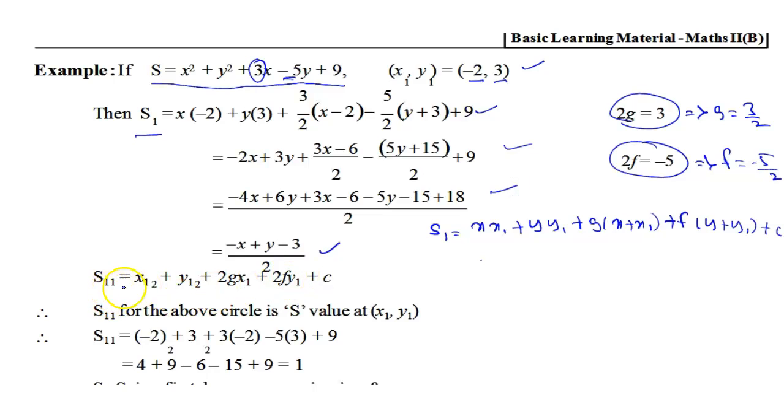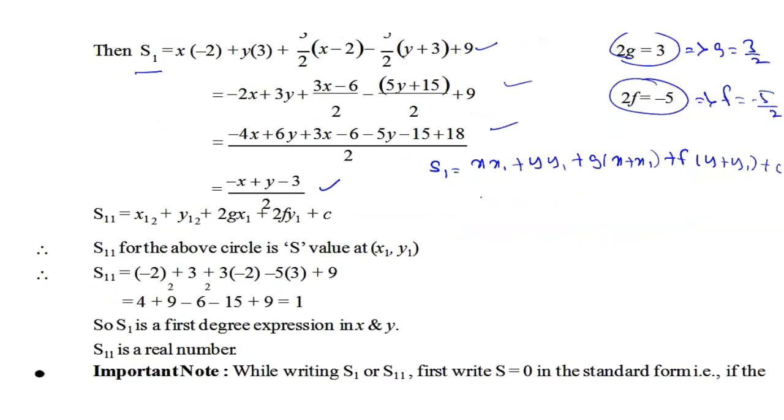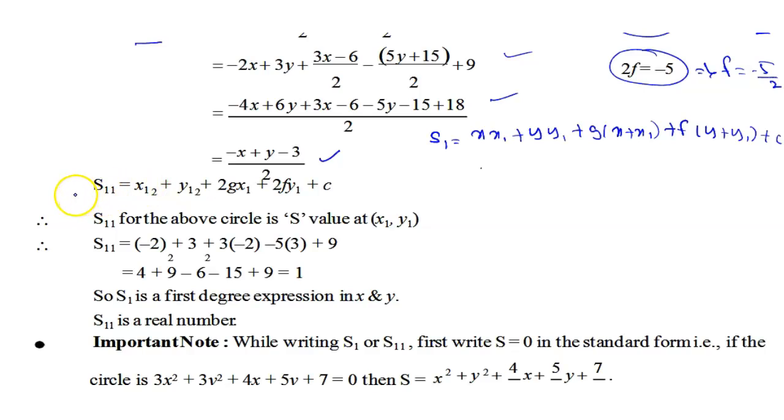Next, one more thing here, he is calculating S11. The S11 formula we already did previously, so this can be written as x1 square plus y1 square plus 2gx1 plus 2fy1 plus c.